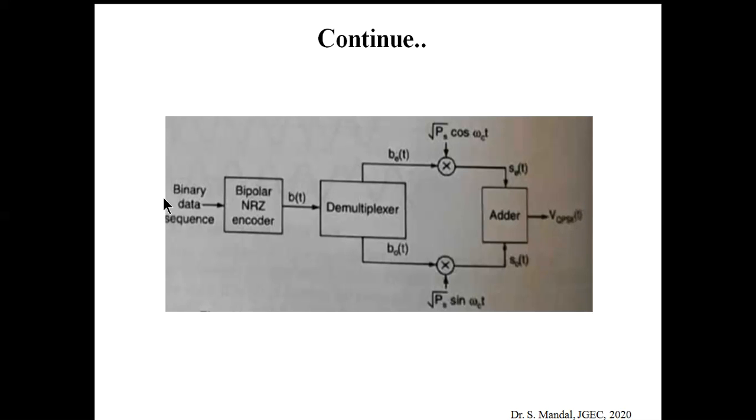Let's see what will happen in this structure. The binary data sequence is the input data. Now we want to convert this input sequence into the polar energy sequence. That means we convert input 1 into +1 and input 0 into -1 volt. So by using this encoder we convert the input sequence into polar energy, that means +1 and -1.